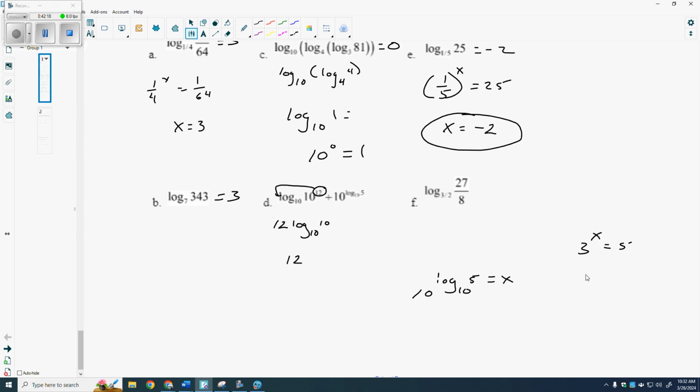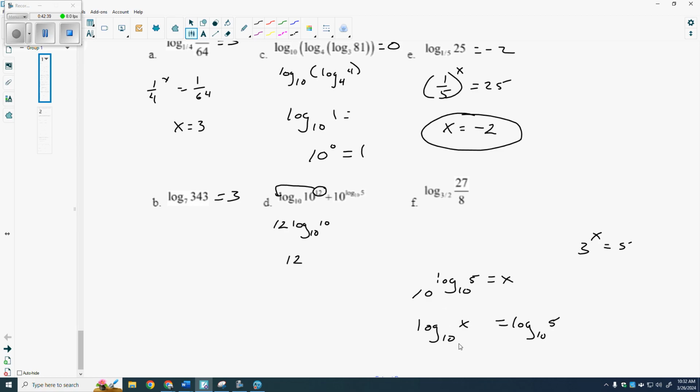So the base of my exponential is the base of my log. The answer to my log is the exponent, always, right? Where we did it right here, 7 to the third power. The answer to my log is the exponent. And what I'm taking the log of, in this case, has to be x.